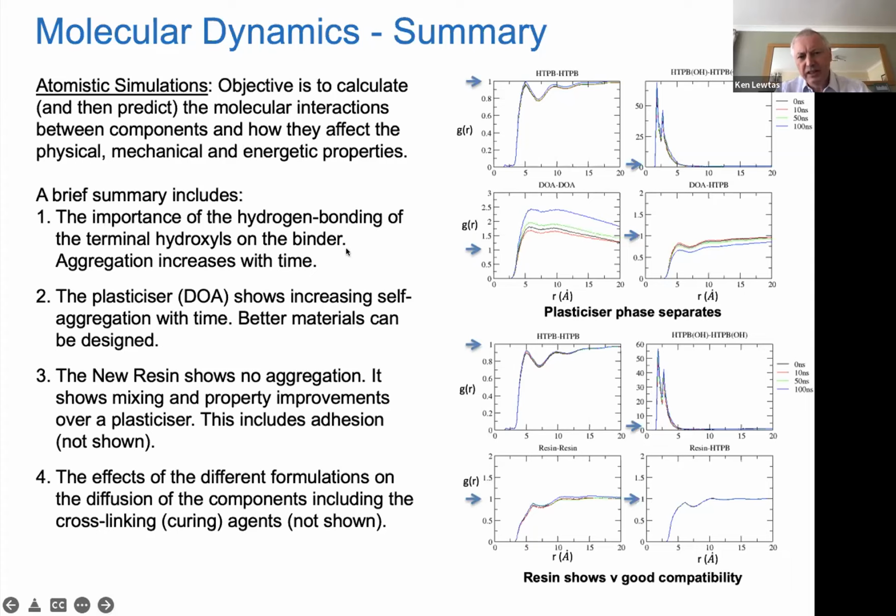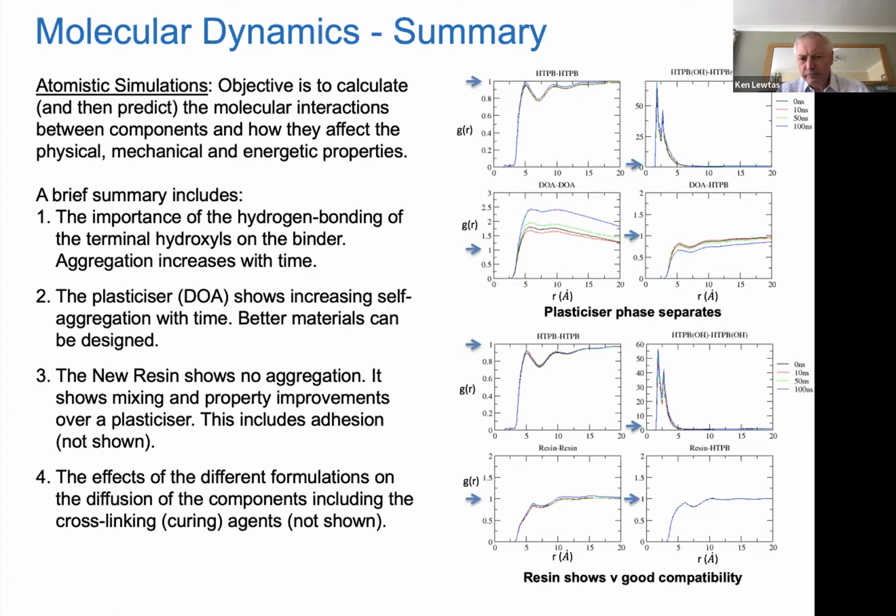So how would I summarize this? It's important to look at the hydrogen bonding of these terminal hydroxyls. The plasticizer shows increasing self-aggregation with time. We can actually improve the plasticizer, but the best plasticizer doesn't exist commercially yet. And in fact, I wouldn't go that way, because the new resins actually improve the physical properties as well.